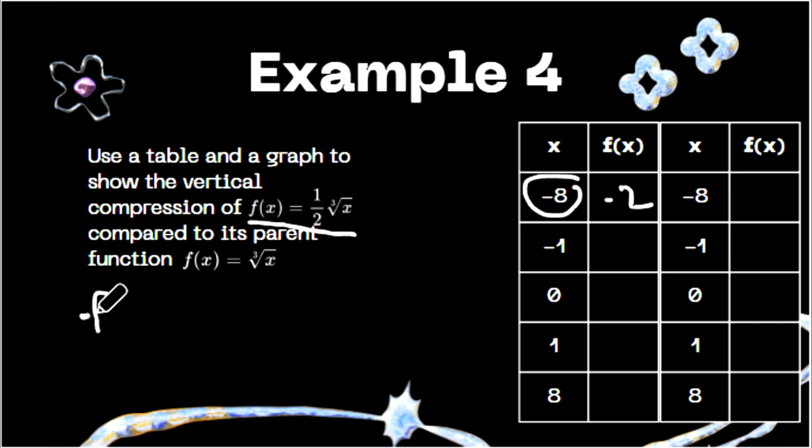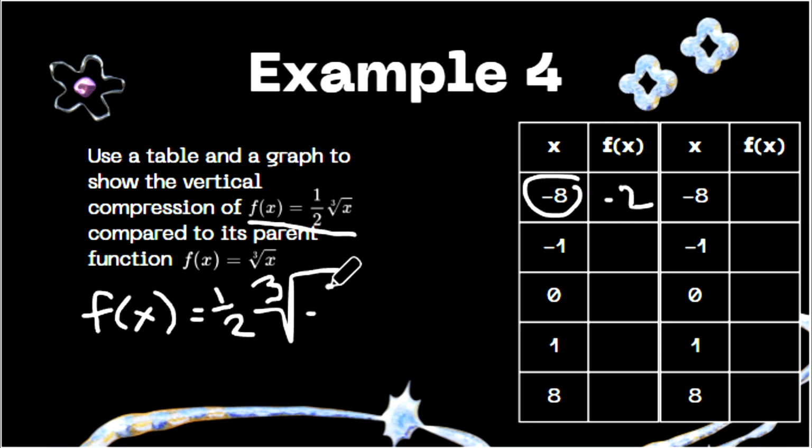We have f of x is equal to 1/2 times the cube root of our x value, which will go with negative 8 again. So we're going to deal with the cube root first. So we have 1/2 times the cube root of negative 8, which is negative 2. 1/2 times negative 2 is the same as dividing negative 2 by 2, which is going to give us negative 1.